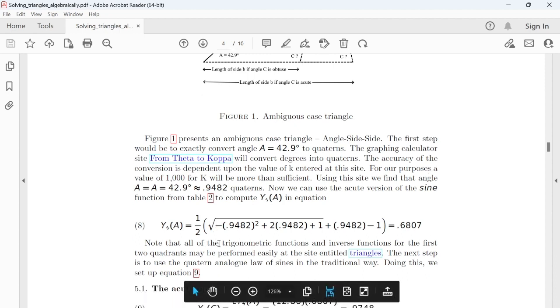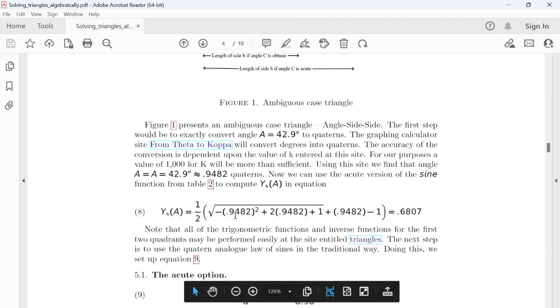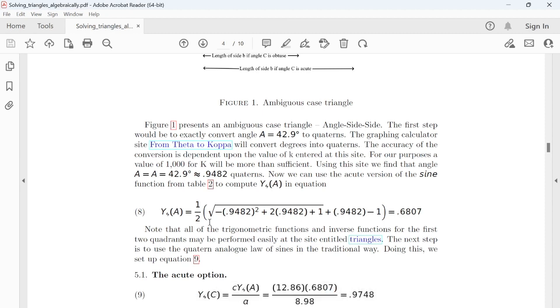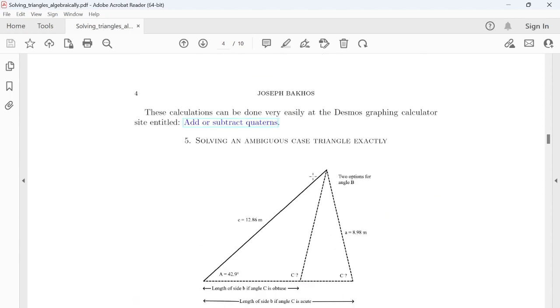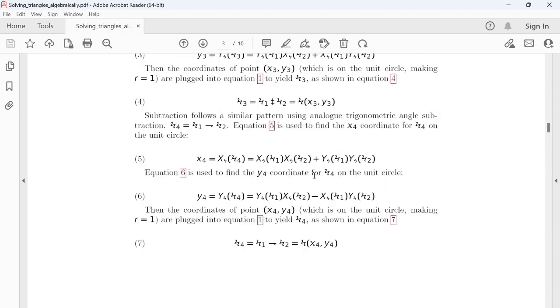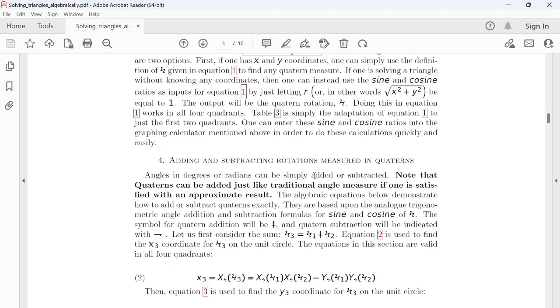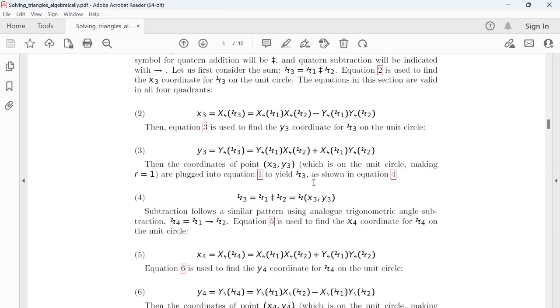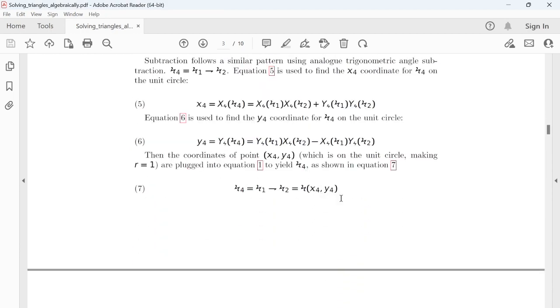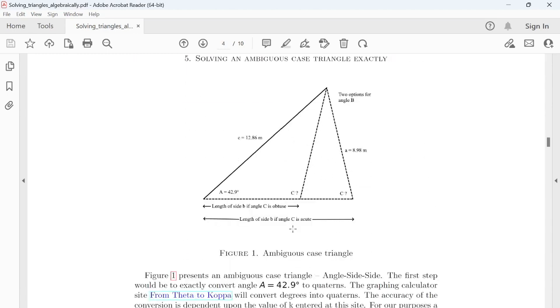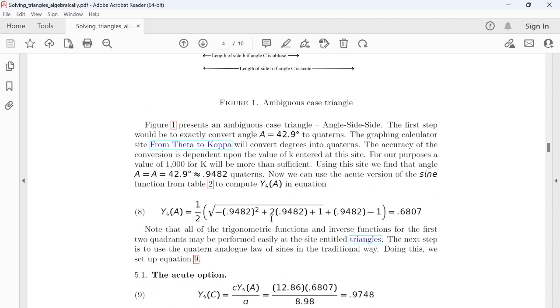Notice, if we had wanted to do that calculation of the sine ratio by hand, we could have, because that calculation is algebraic and the formulas were presented earlier in the paper. Everything that I just did with the calculator online was for convenience, but it could have been done algebraically using this formula to get this sine ratio.